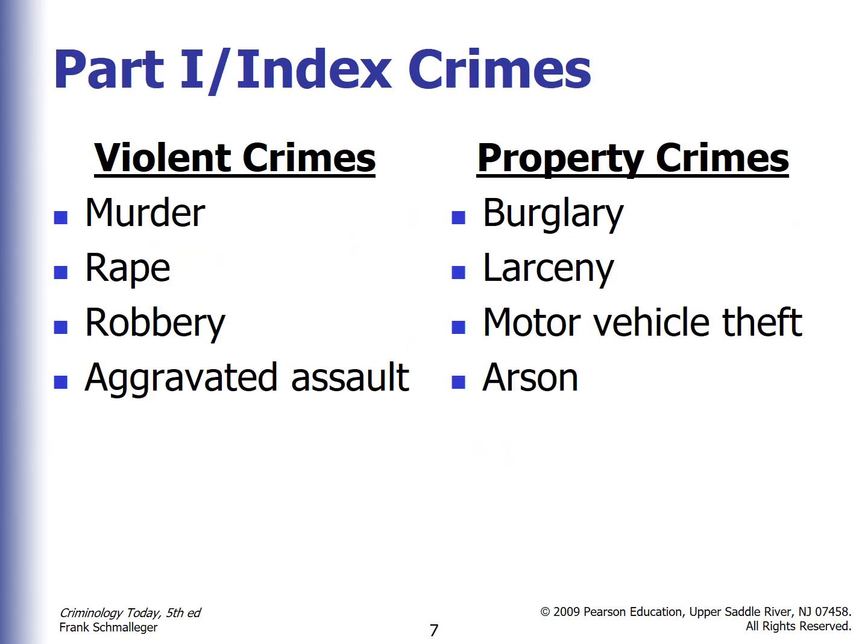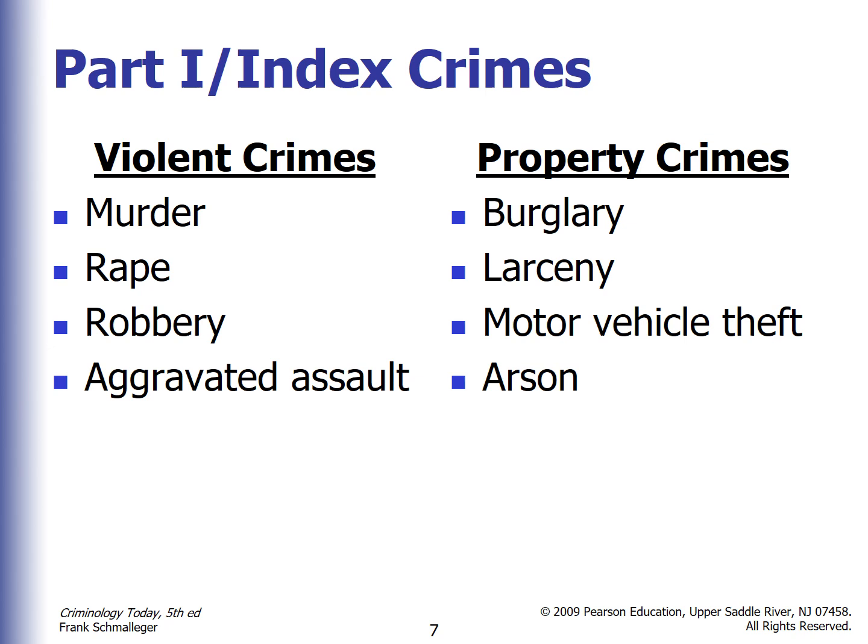They also, as part of the UCR, have a list of index crimes, and this system is actually changing. So when you start looking at the data, you might see some differences. But index crimes are what are considered the 8 most serious crimes. And these are what they call Part 1 crimes.